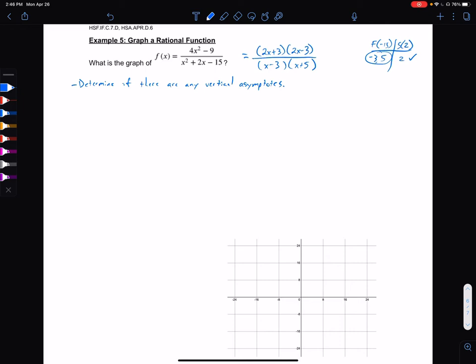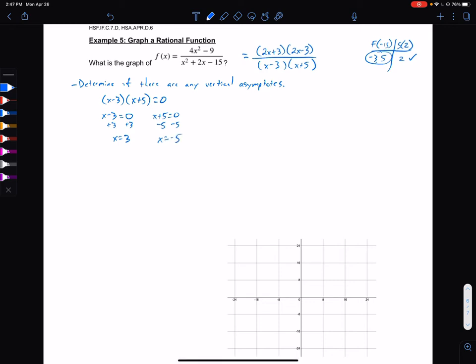So we're going to take our denominator, x minus 3 times x plus 5, and set that equal to 0. The zero product property then tells me I can set each expression equal to 0 and solve for x. So x would be equal to 3 and x would be equal to negative 5.